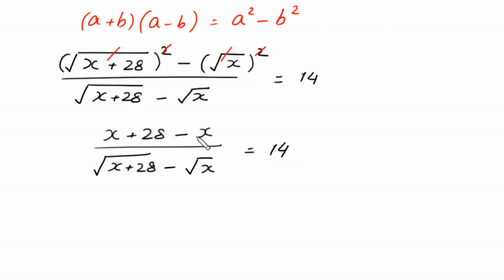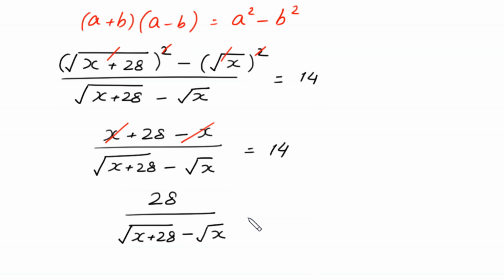Now this negative x will be cancelled out with this positive x, and here is left 28 divided by this expression square root of x plus 28 minus square root of x is equal to 14.